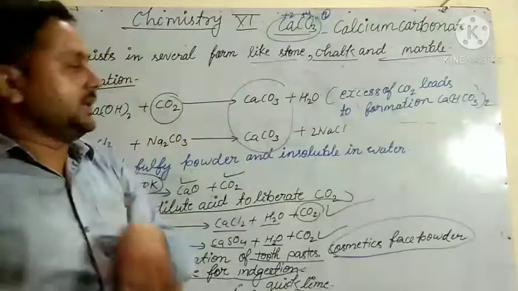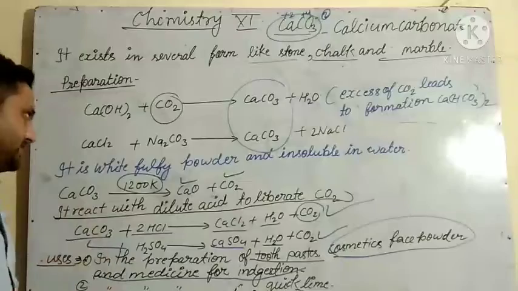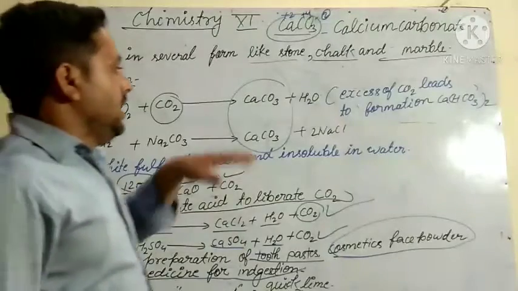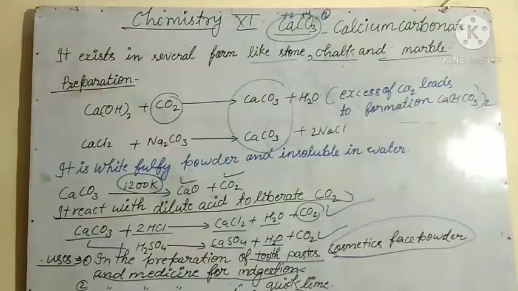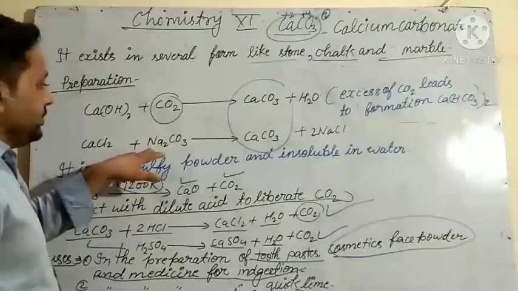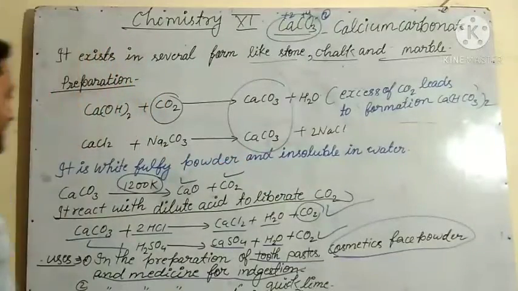We should avoid supplying excess CO2, because that leads to the formation of calcium hydrogen carbonate. By the other method, calcium chloride reacts with sodium carbonate to give calcium carbonate plus 2NaCl.